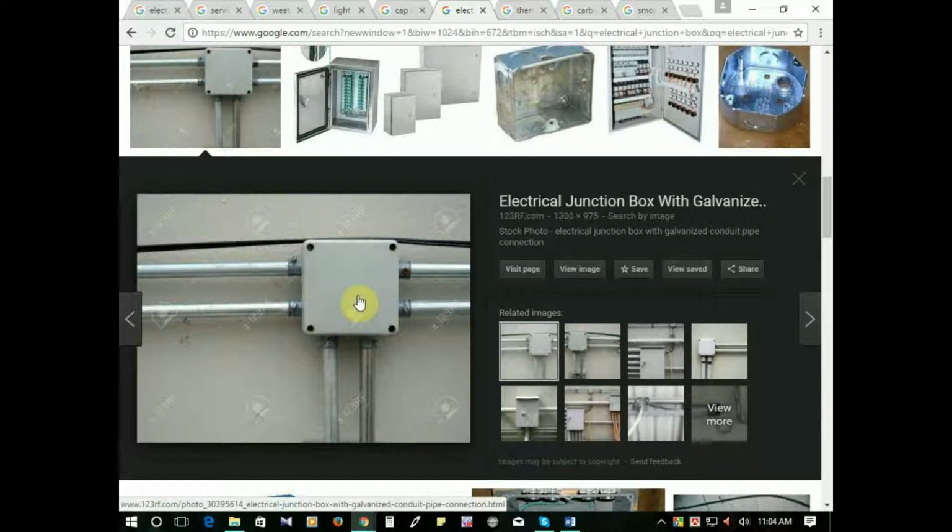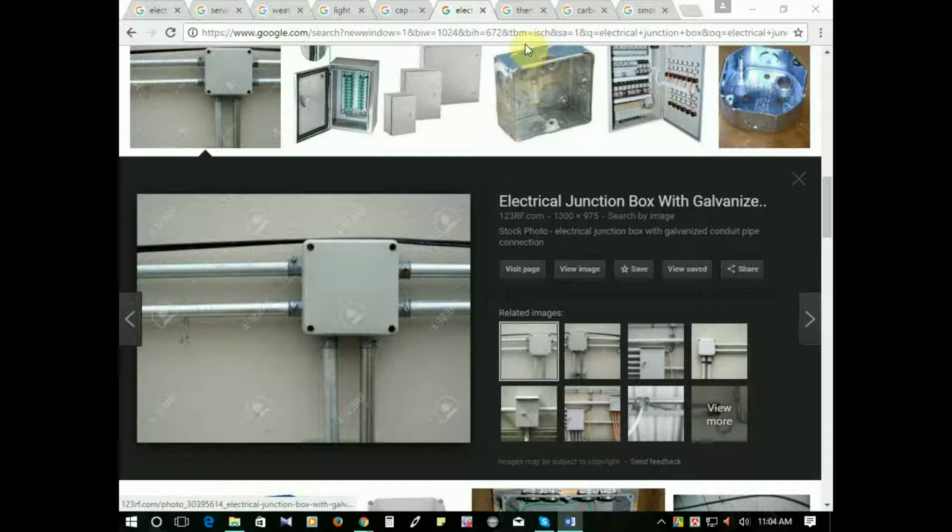If you do not see one, that is fine. This is an undamaged one. But if it was all open and all the wires were hanging out, then you would know that it is damaged, and we would need to report that the electrical junction box is damaged or missing.